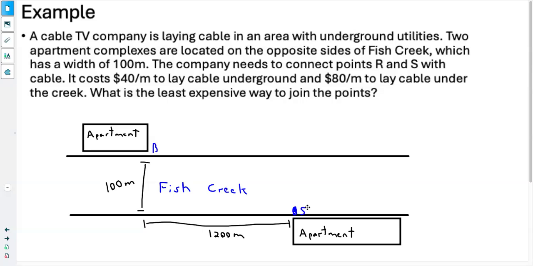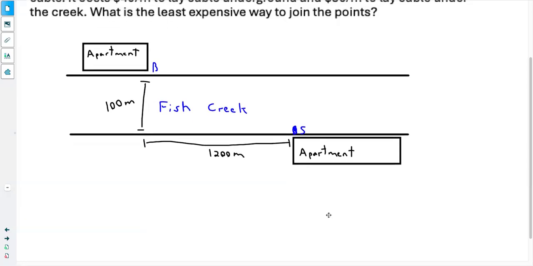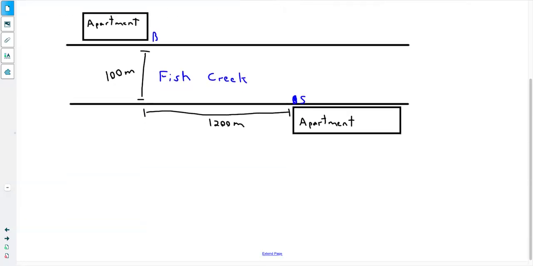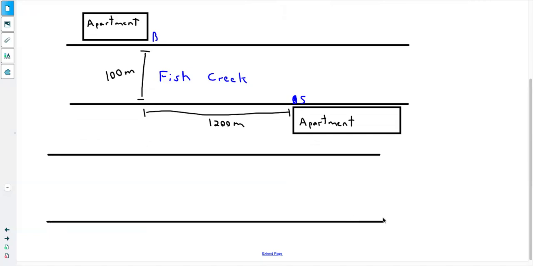So the first thing we're going to do is draw a more simplified diagram that doesn't have our apartments in it. So essentially, we know we have one side of our creek here, the other side here. We know that across here is 100 meters. We have some point down here, which is S. We know that this is R. We are probably going to cut across our creek on some line here.